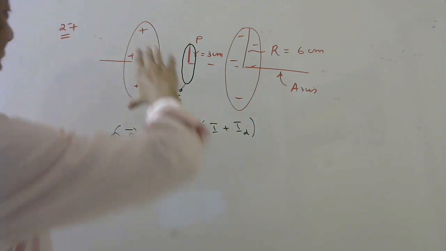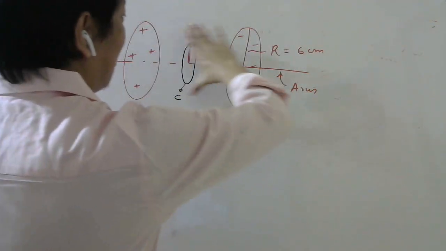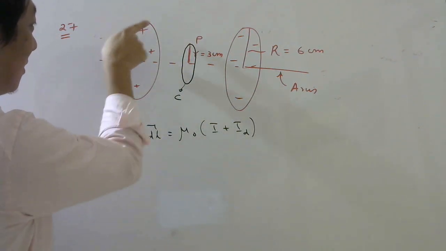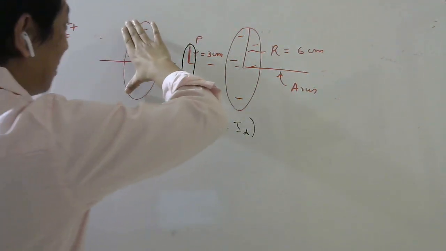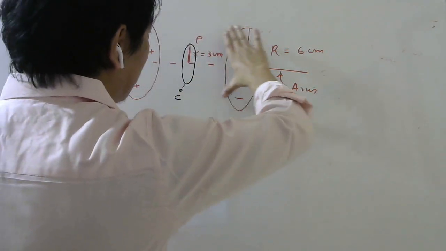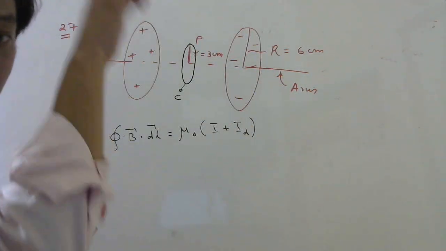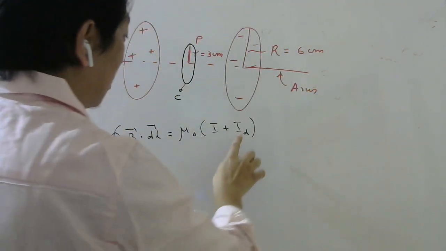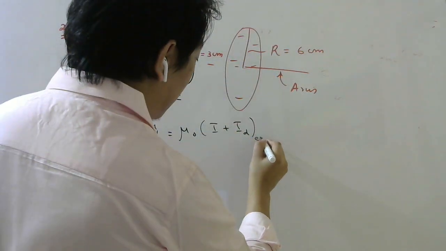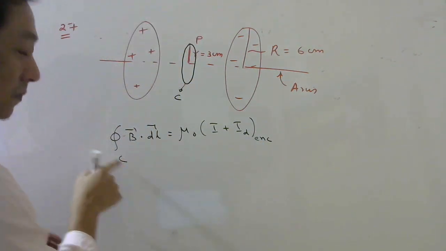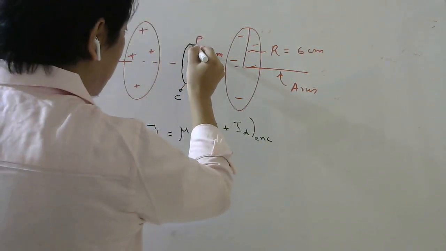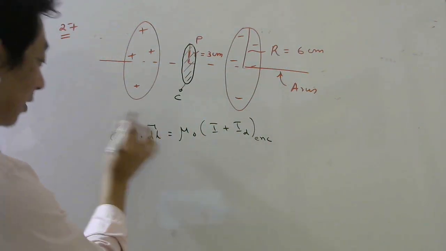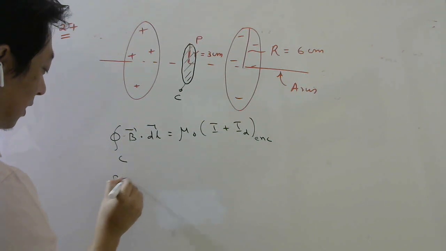The Id which we calculated was for the whole capacitor, because this current is charging the whole plate, so electric field everywhere will change. That was the displacement current in the whole space, but we want only the current enclosed by the loop. So we want only displacement current inside this loop. Keep that in your mind. Okay, so left side we have done many times. This will be B into 2 pi r.